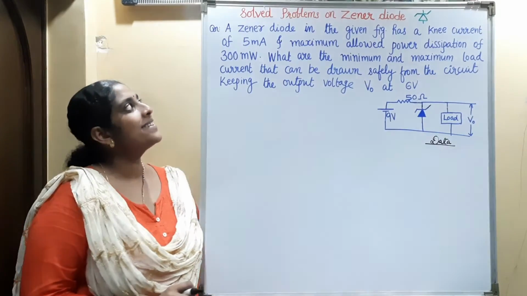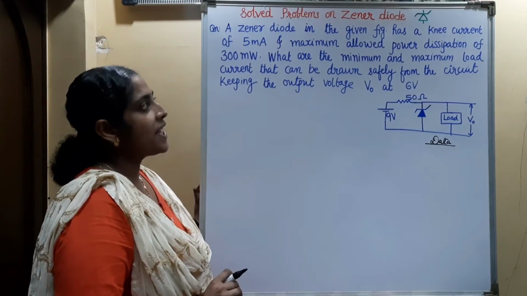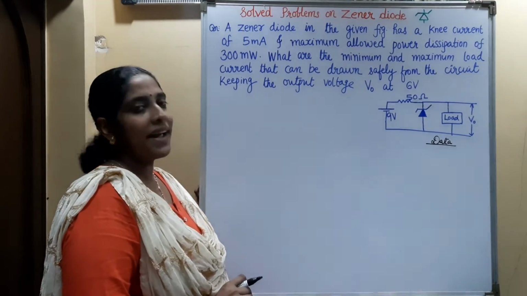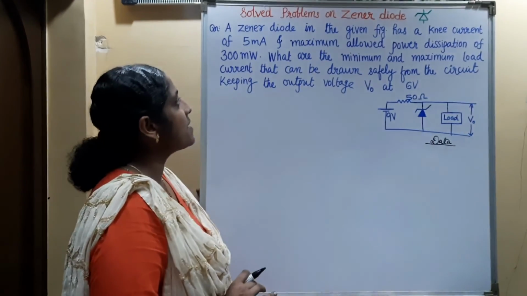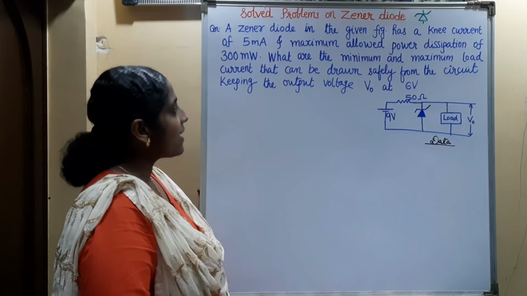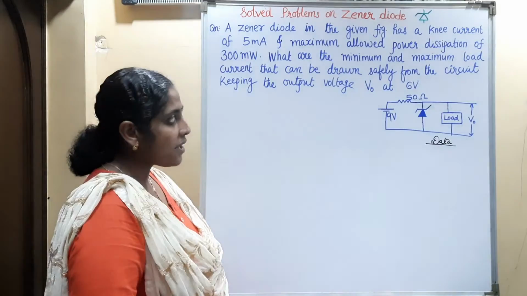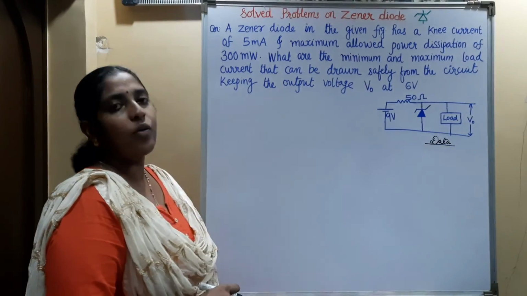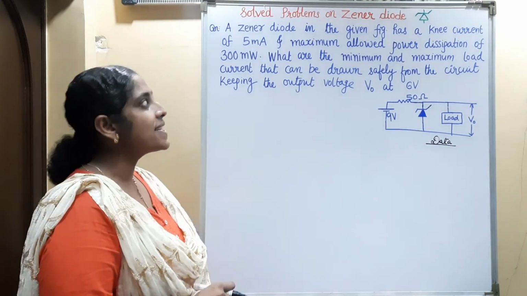One last question. A Zener diode in the given figure has a knee current of 5 milliampere and a maximum allowed power dissipation of 300 milliwatt. What are the minimum and maximum load currents that can be drawn safely from the circuit, keeping the output voltage VO at 6 volt?